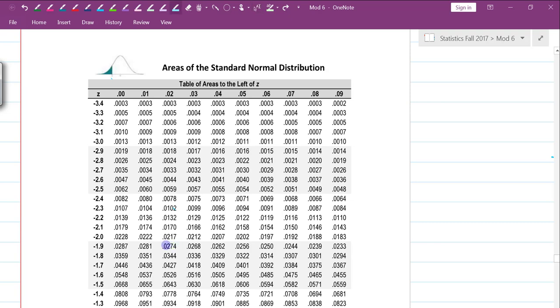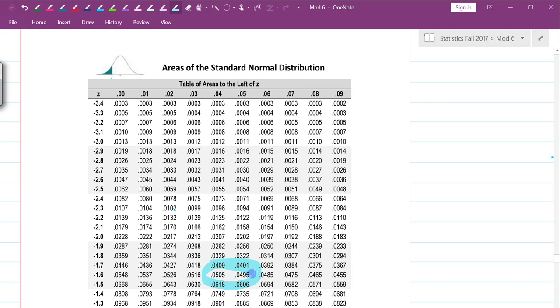The area under the curve right here is 0.0505, and the area under the curve here is 0.0495. So the area that I'm looking for is right in here, because I'm looking for 0.05. Notice that 0.05 is smack dab in the middle of these two values.